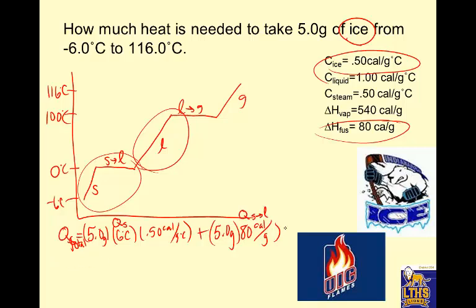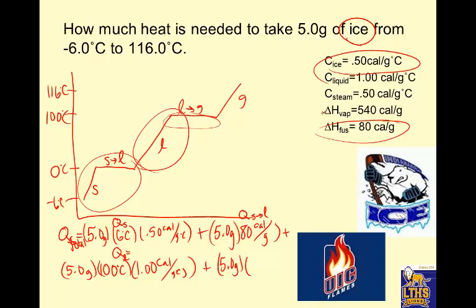Now we need to add to that the heat it takes to change the temperature of that liquid 100 degrees Celsius. The specific heat is calories per gram degree Celsius. So this is the Q for changing the liquid by temperature. But then we have to change the liquid into a gas. So we need the mass of the substance times the heat it takes to change the liquid to the gas, calories per gram.